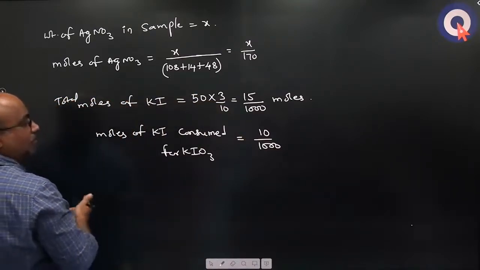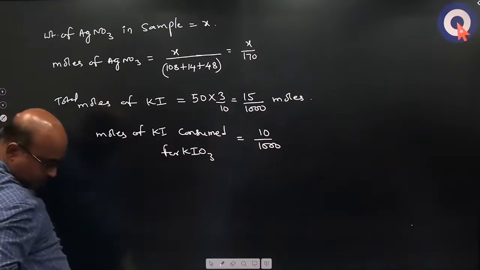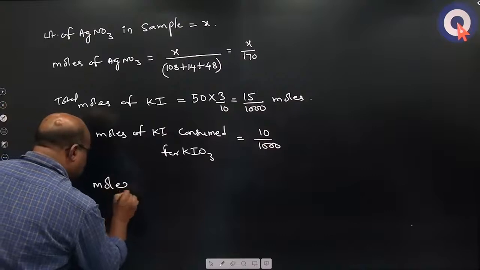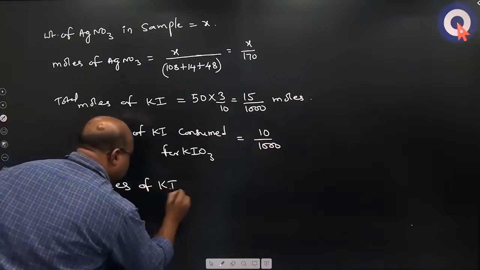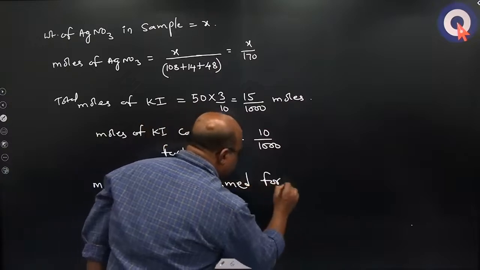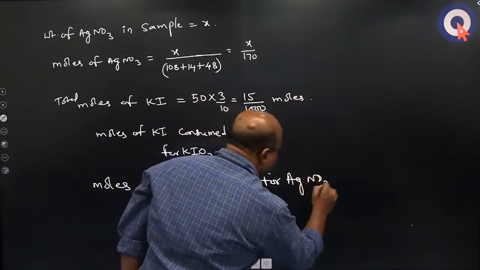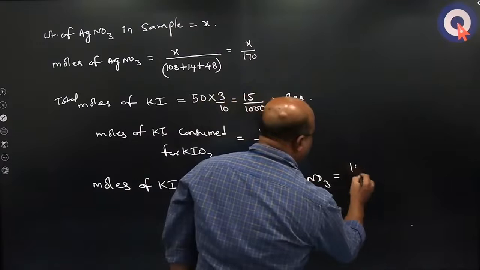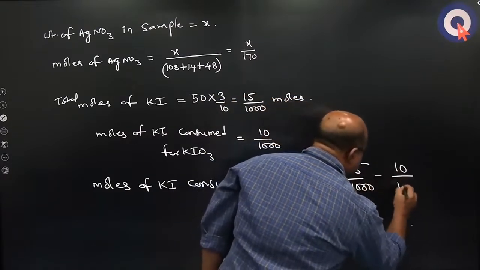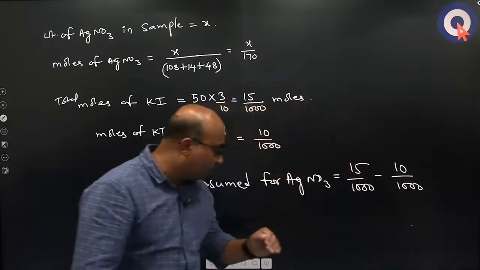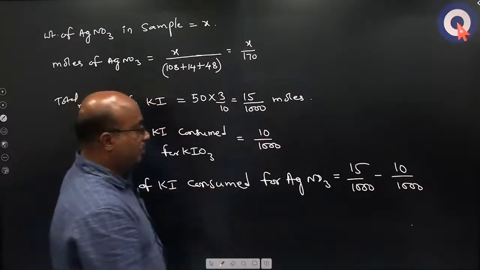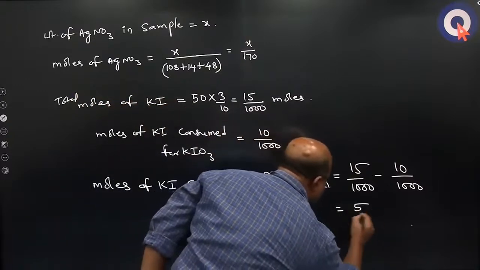So moles of KI consumed for silver nitrate is 15 by 1000, what we added, minus 10 by 1000. That is only consumed for silver nitrate. That is 5 by 1000.